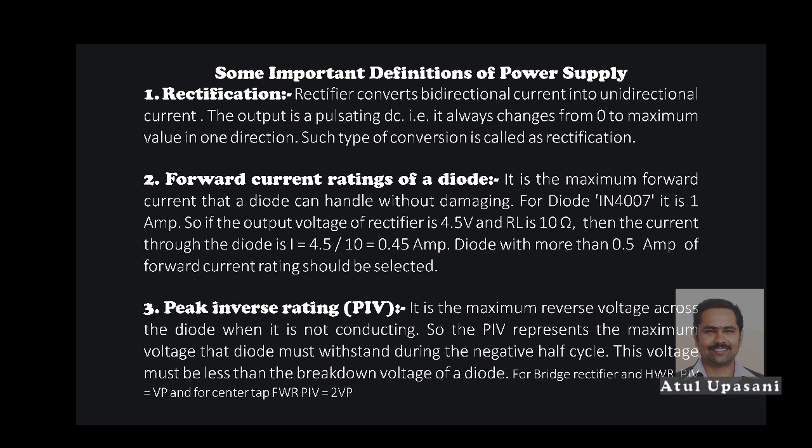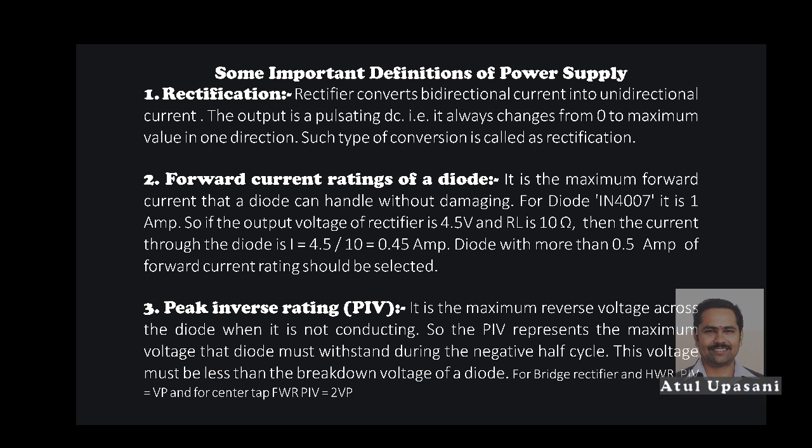The third thing is the peak inverse voltage rating. This rating is the maximum reverse voltage across the diode when it is non-conducting. That means how much voltage the diode can withstand when it is in reverse bias mode.